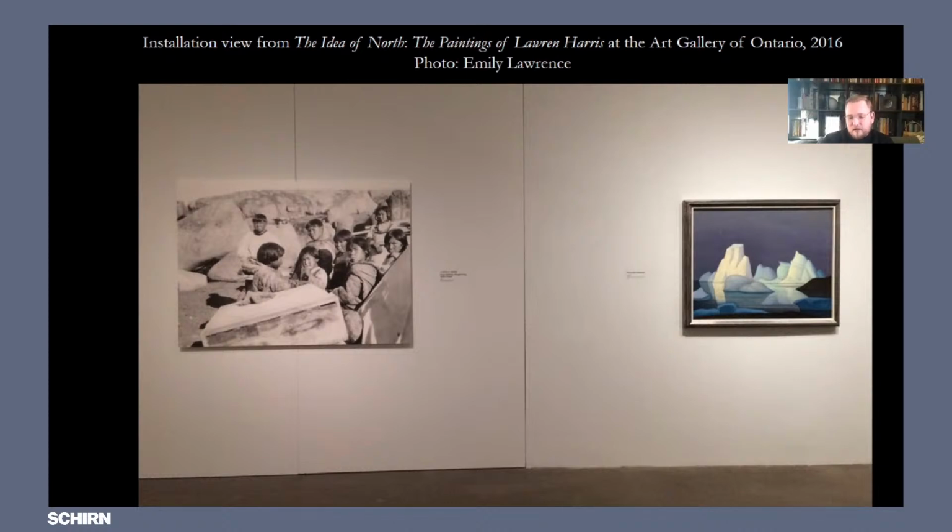And so one instance occurred in this exhibition at the Art Gallery of Ontario, where curators had decided to juxtapose some of Harris's Arctic paintings with enlarged photographs that Harris himself took of Inuit when he was in Pangnirtung.